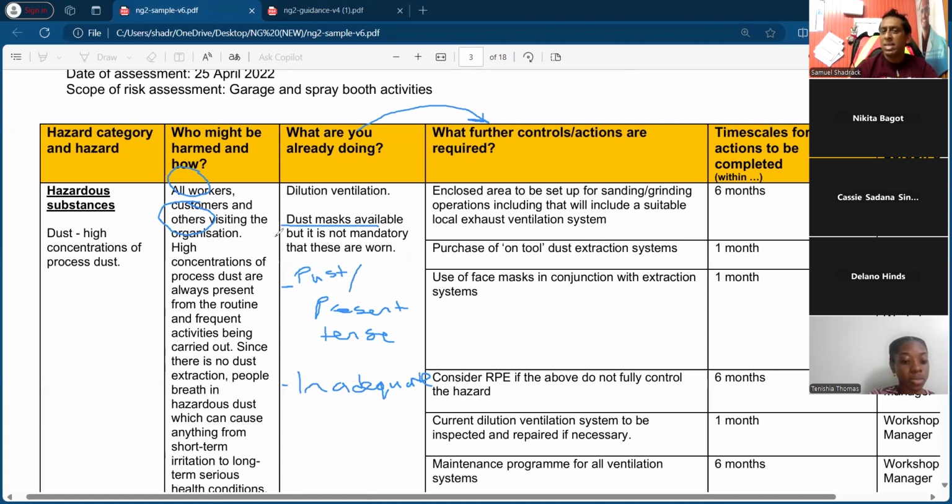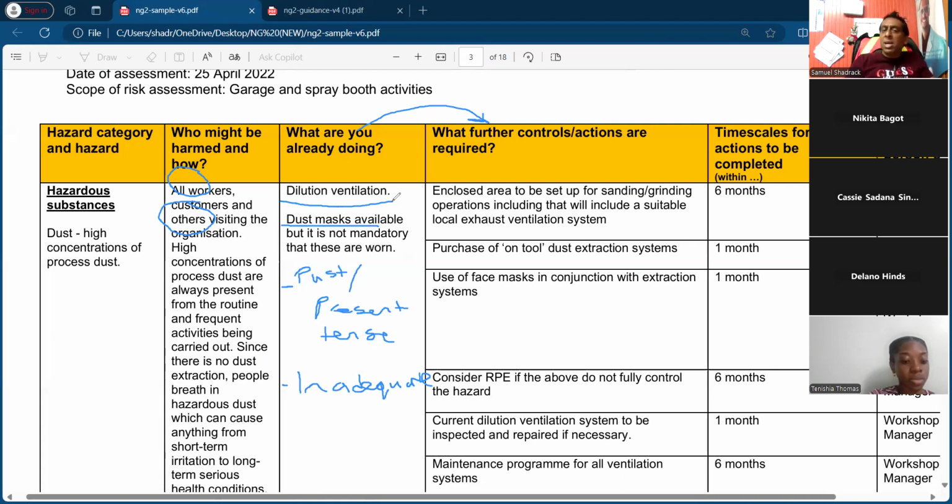Like if you read this one, first of all, dilute ventilation, right? If you're not too sure what that is, dilute ventilation is just opening the windows and the doors. So in a way, that's not good enough for high concentration of processed dust. So the very concept of dilute ventilation is not good enough or inadequate.